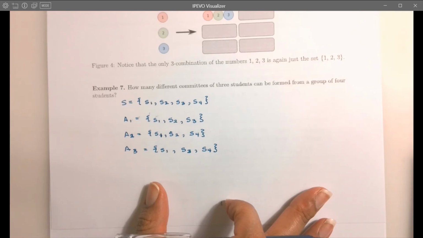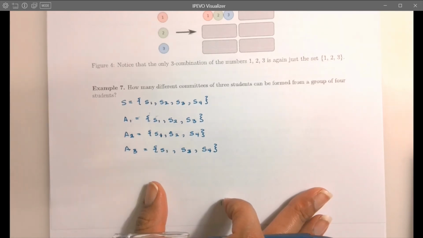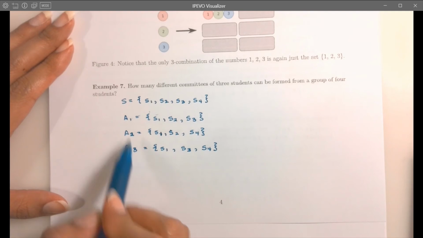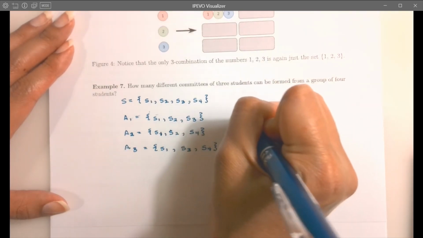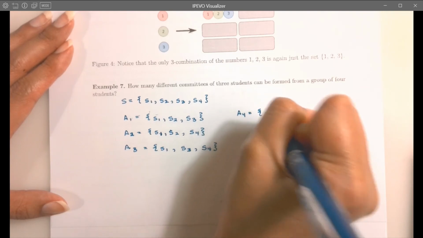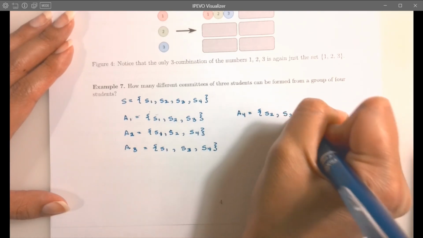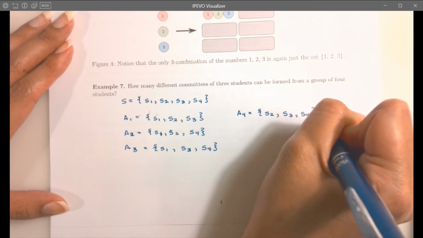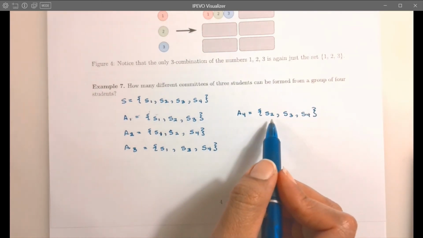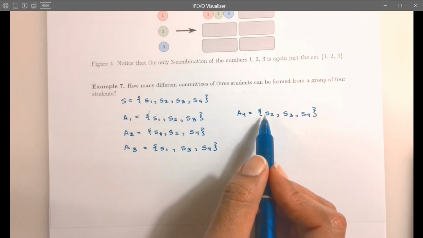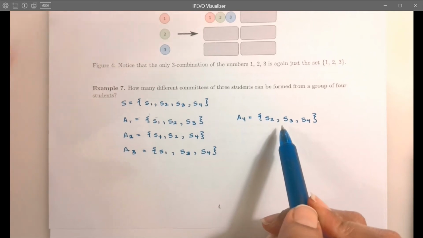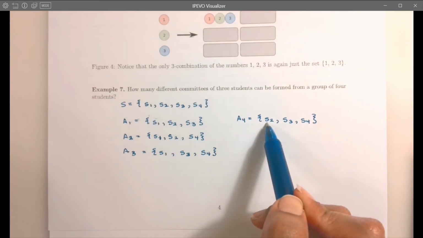We next consider all the combinations that include student 2 that haven't already been considered in these first three subsets. So we can have student 2 combined with student 3 and student 4. And that would be pretty much it, because all the other combinations that include student 2 would also have to include student 1, right?